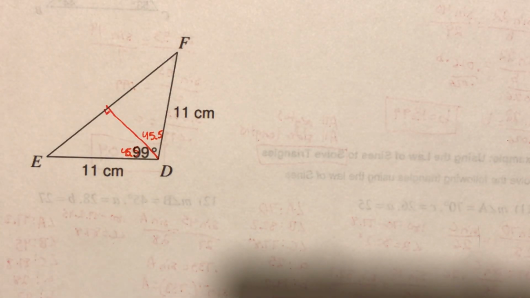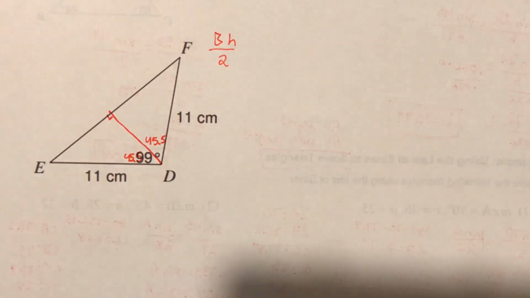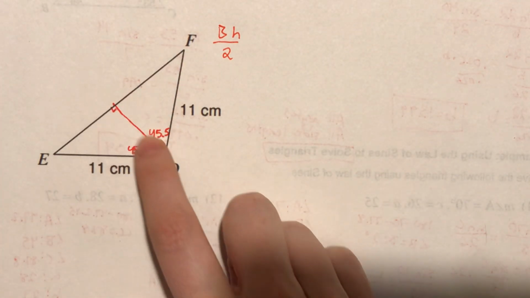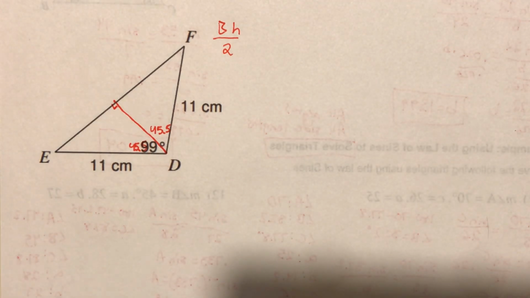And what we need to do is we need to find the things we need to find the area of a triangle. So we need the base and we need the height, because base times height divided by 2 is the area. So we're going to need to find EF, and we're going to need to find this line here, the height of the triangle. We're going to use sine to do that, okay?